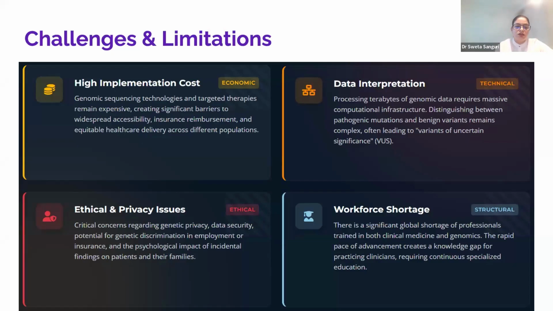Ethical and privacy issues are also there, a lot of concerns, because with genetic privacy we might lose data security, and there are concerns for employment. It can also have a psychological impact on patients if they find out something. Sometimes there are many incidental findings.